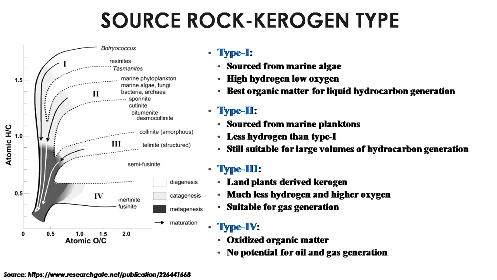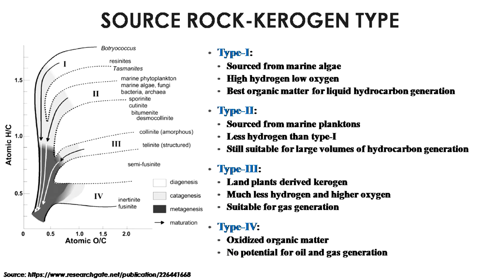Now, let us learn about the kerogen type. All three things, organic carbon richness, kerogen type and thermal maturity, are interlinked, and together they give an idea about the source rock characterization. Now, you see this graph, the vertical axis is atomic hydrogen over carbon and the horizontal axis is atomic oxygen over carbon.